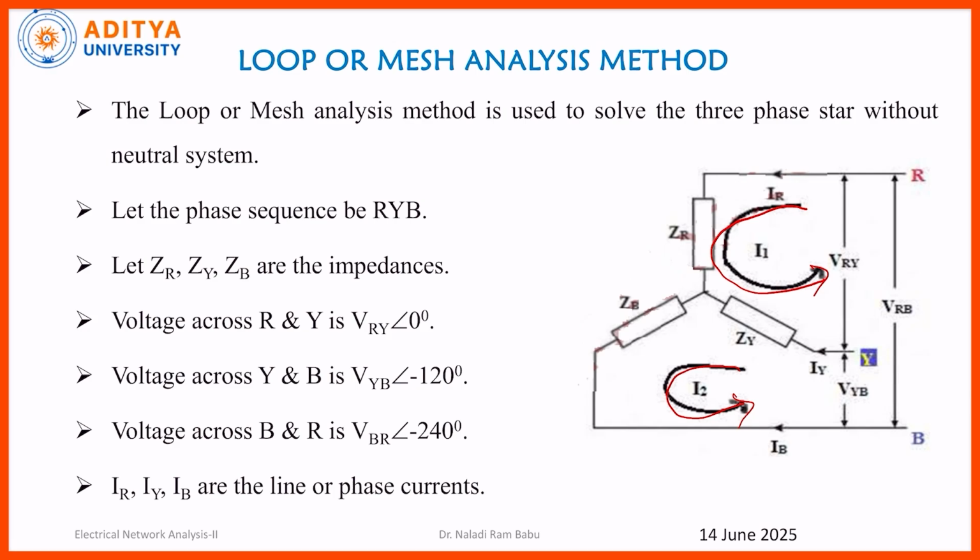Now you may have a doubt: why haven't we drawn a loop across R and B also? Yes, we can draw a loop across R and B also, but in this loop method, IR is equal to I1 directly, and I2 is equal to IB.